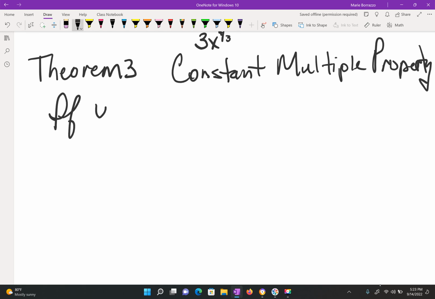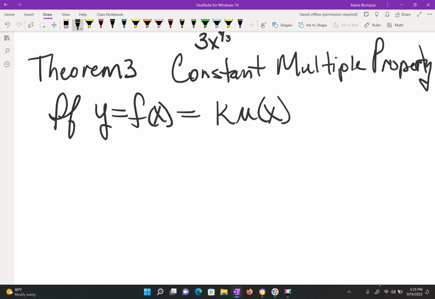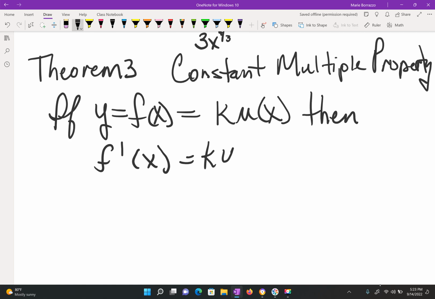All right, so the theory here is if y is equal to f of x, in theory this is also k times u of x, and then that also transfers to the first derivative of f of x is equal to the constant times u prime of x.